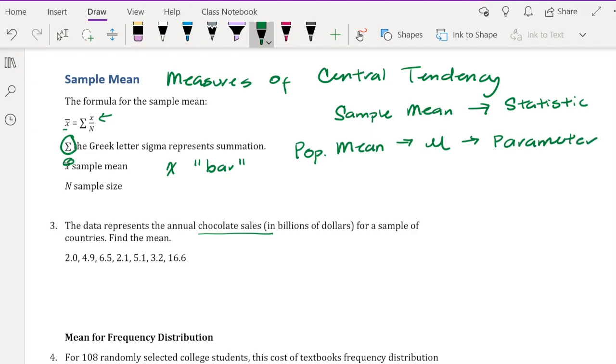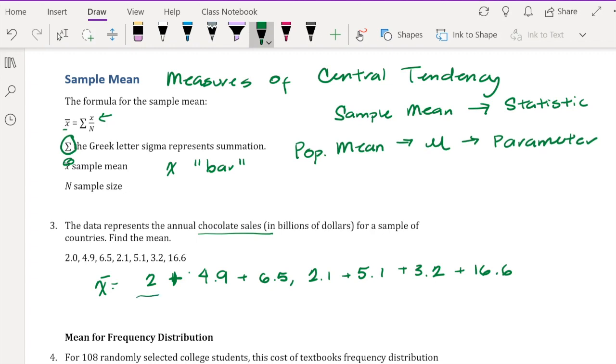Okay, so it would just be 2 plus 4.9 plus 6.5, 2.1 plus 5.1 plus 3.2 plus 16.6.